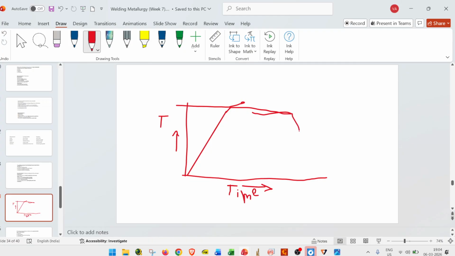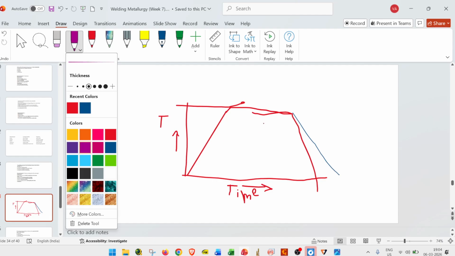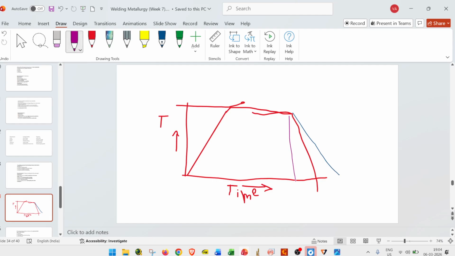Then, what is the cooling rate? It could be slower cooling or faster cooling or a different cooling rate. If it is faster cooling, it will form the martensitic phase, which we don't want. If it is normal cooling, it will form pearlitic, and with moderate cooling, the bainitic phase. If it is slow cooling, it may form ferrite and pearlitic phases.